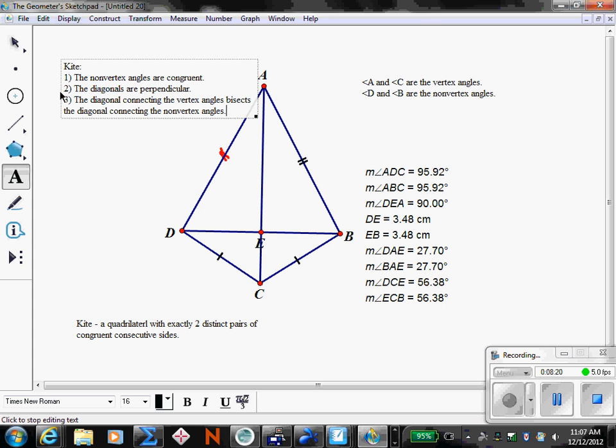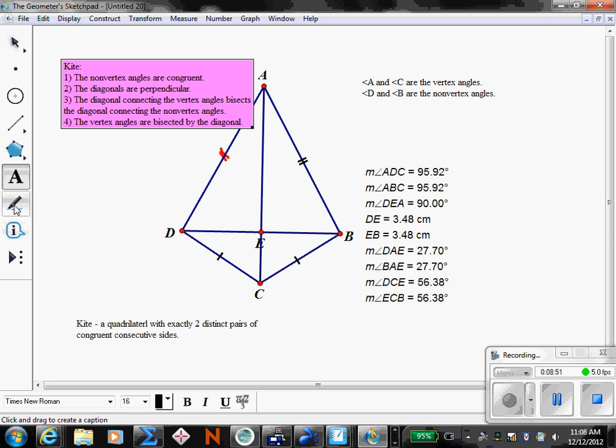Okay, maybe we should mark those congruent too. And then the fourth thing, the vertex angles are being bisected. The vertex angles are bisected by the diagonal. So those are the four things that are important, and I want you to remember.